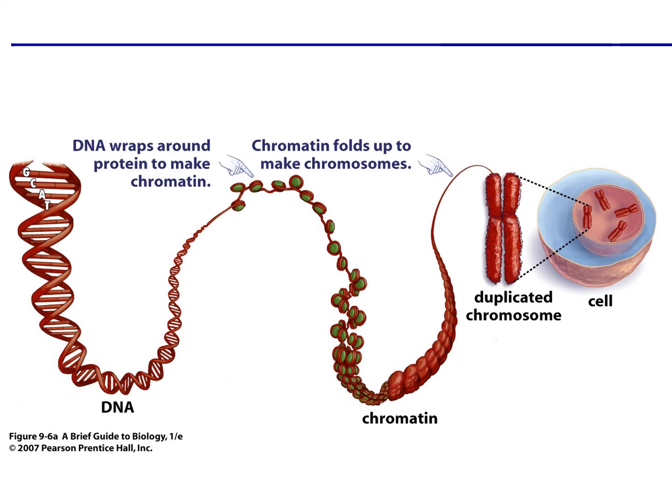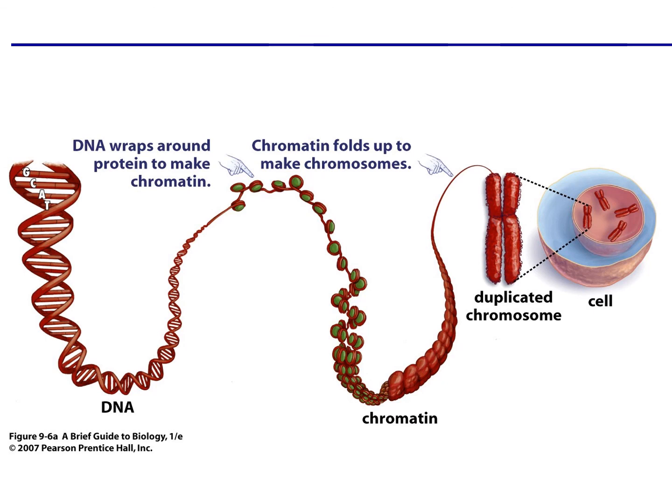This is an interesting figure here. We see kind of a naked DNA molecule on the left. To fit into our cells, DNA has to be coiled up, wrapped around proteins that compacts it into a state called chromatin.